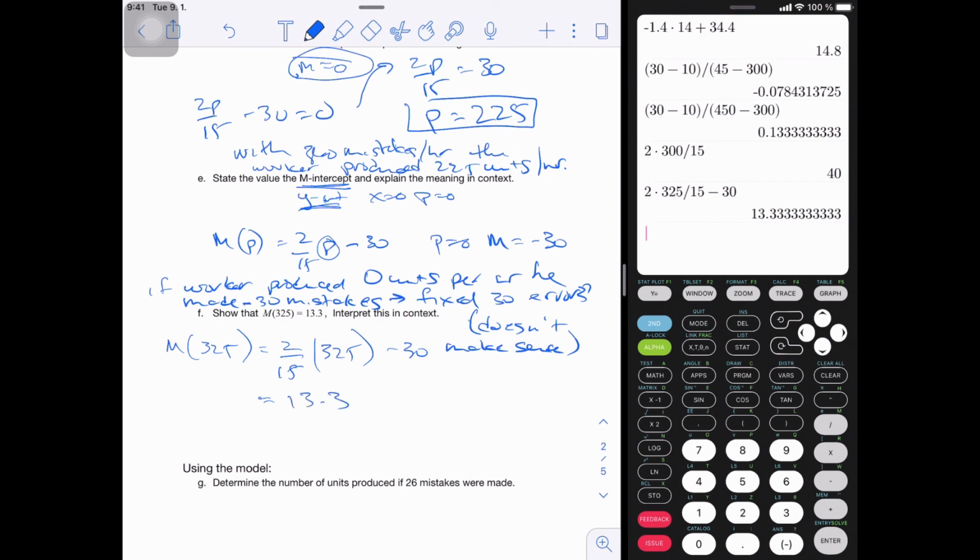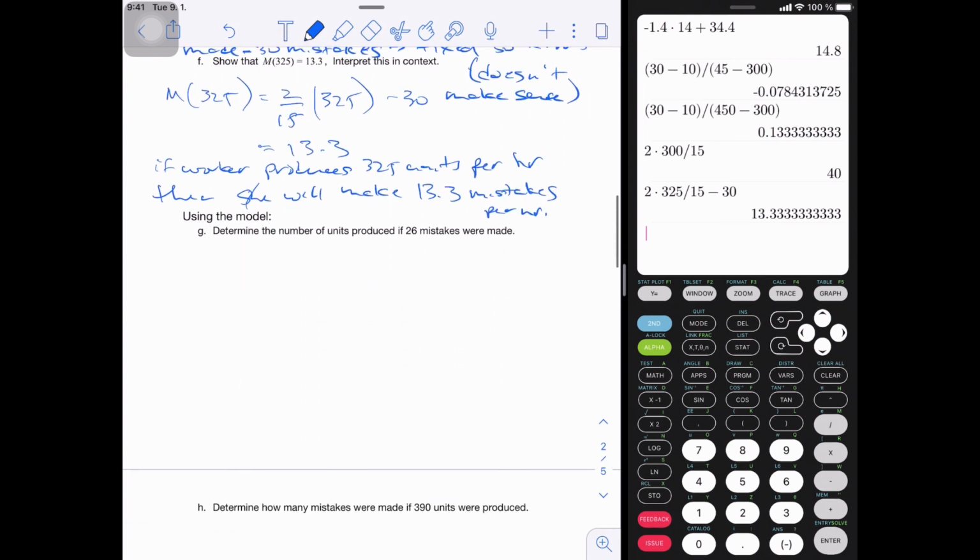So that means that if a worker produces 325 units per hour, then she or he will make 13.3 mistakes per hour. That is what that value means.